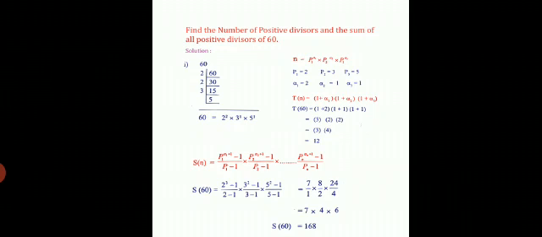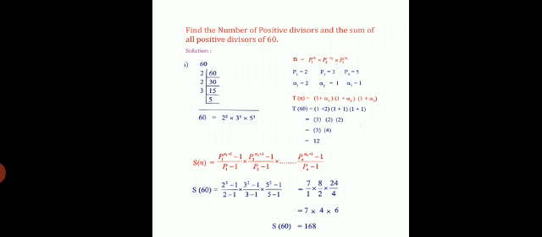Similarly, one more sum, that is the sum of all positive divisors. We have a formula, that is S of n is equal to (p1 raised to alpha 1 plus 1 minus 1) upon (p1 minus 1) into (p2 raised to alpha 2 plus 1 minus 1) upon (p2 minus 1), and so on till the nth term, that is (pn raised to alpha n plus 1 minus 1) upon (pn minus 1).